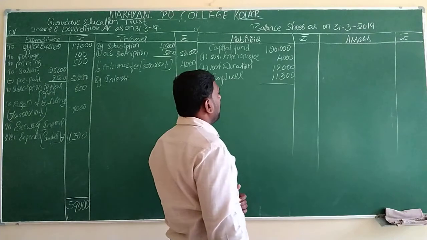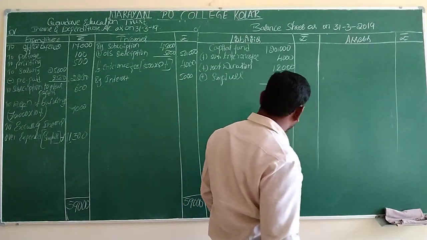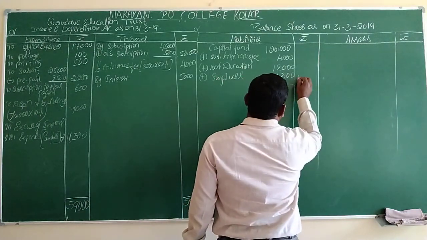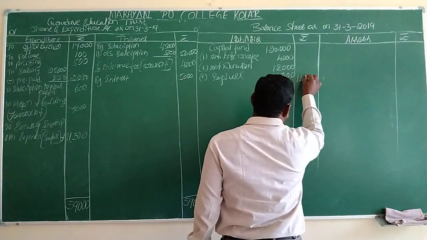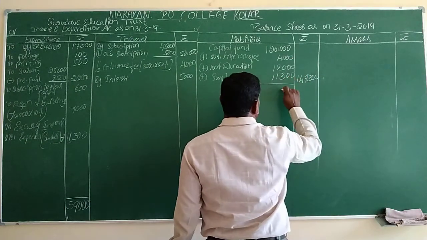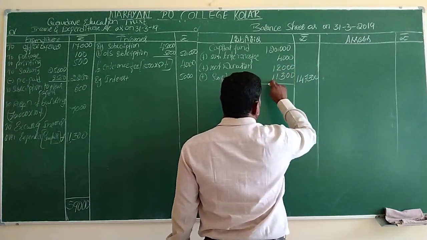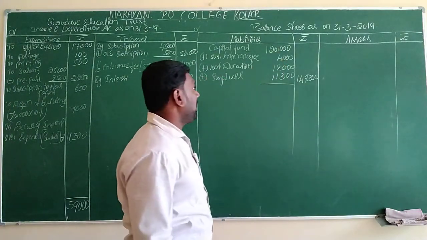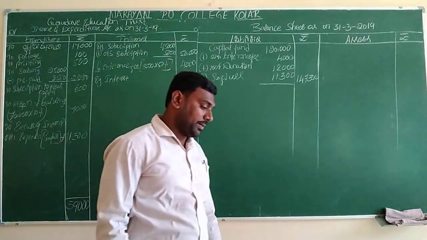Totally we get 1,47,300. This is our capital fund.